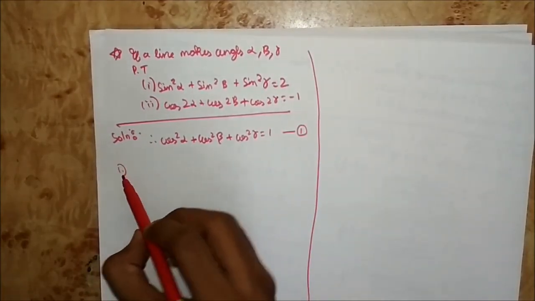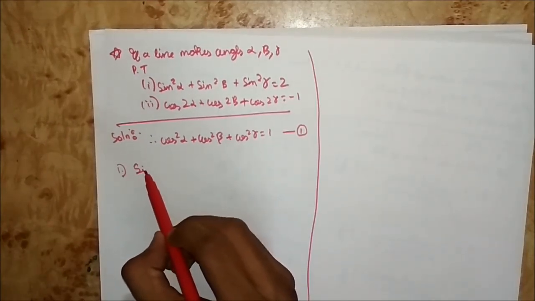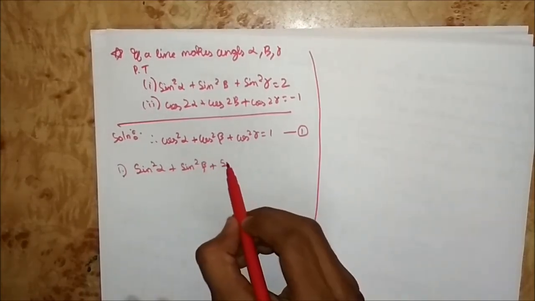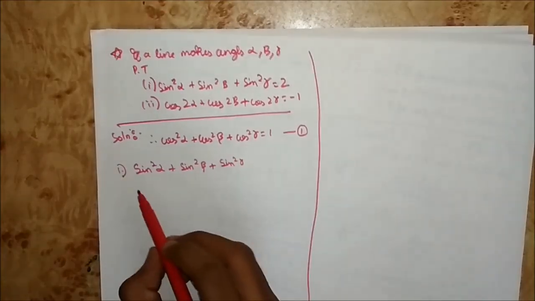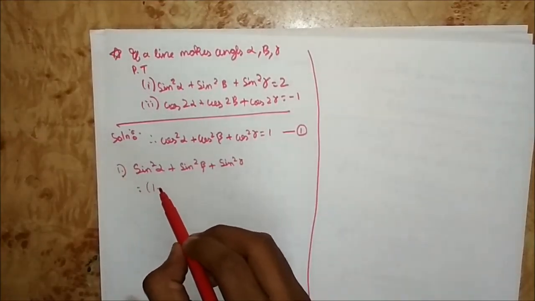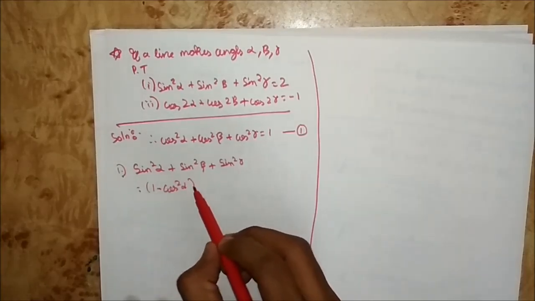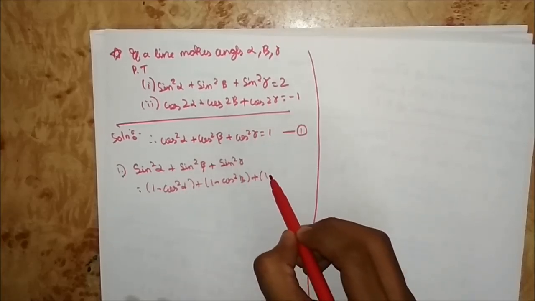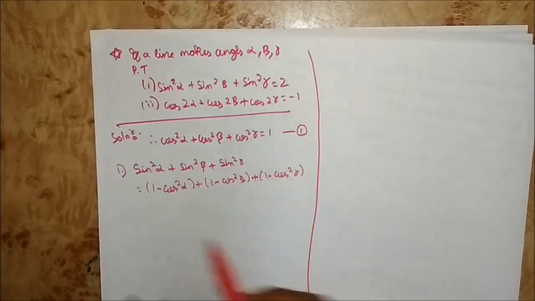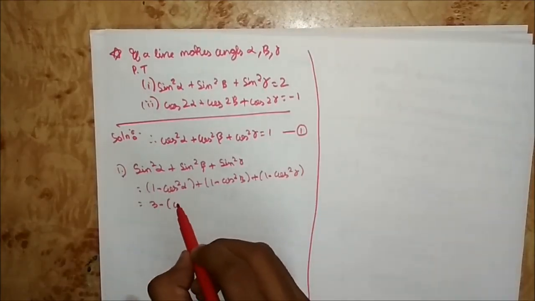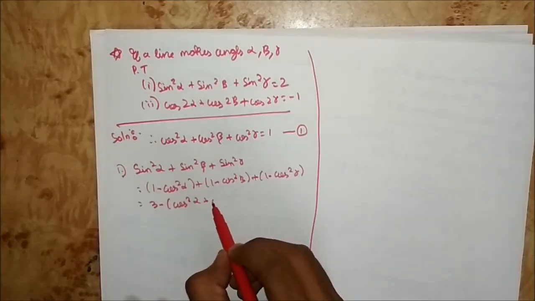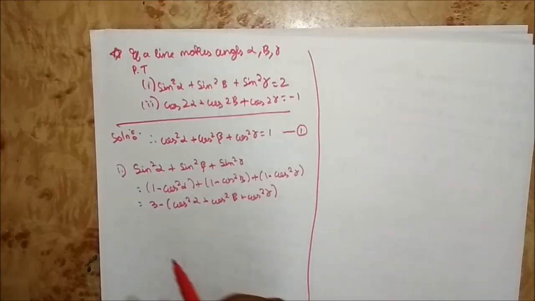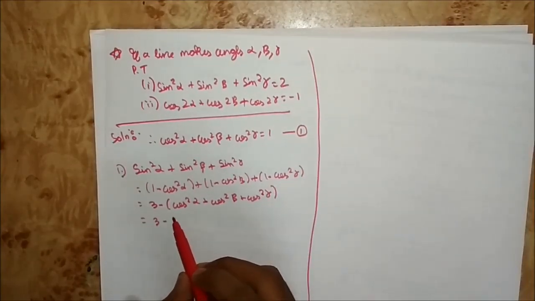Now solving the first proof: sin square alpha plus sin square beta plus sin square gamma is equal to (1 minus cos square alpha) plus (1 minus cos square beta) plus (1 minus cos square gamma), which is 3 minus (cos square alpha plus cos square beta plus cos square gamma), which is 3 minus 1.